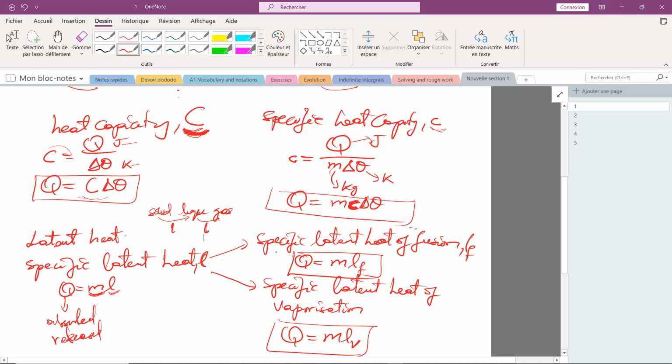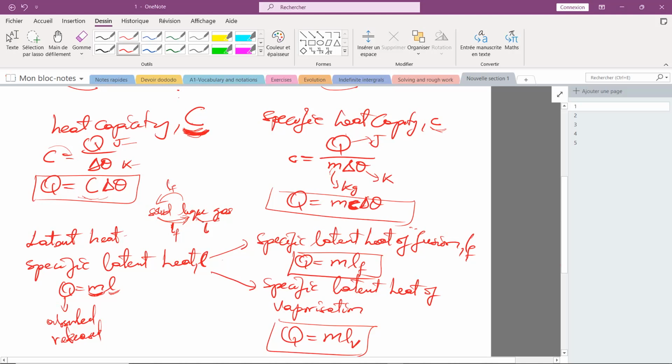And you see that the two types of specific latent heat are specific latent heat of fusion and specific latent heat of vaporization. Whenever you are going from the solid state to the liquid state, or from the liquid state to the solid state, we talk of specific latent heat of fusion.